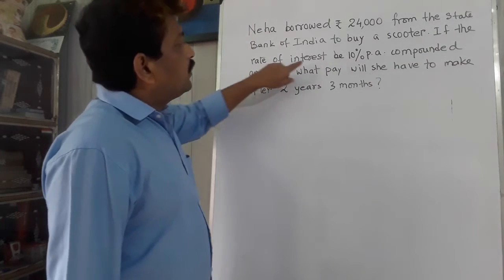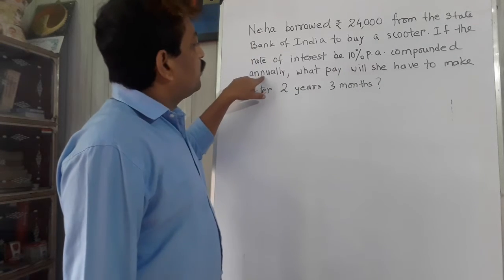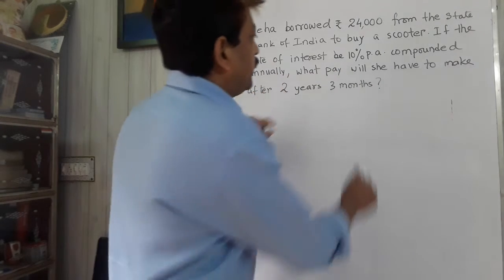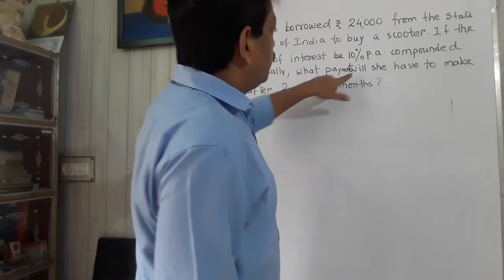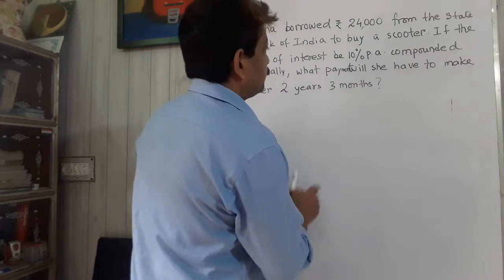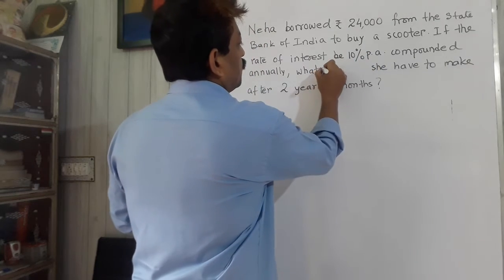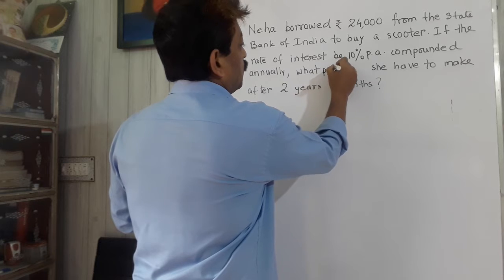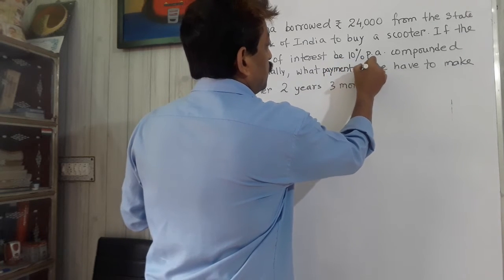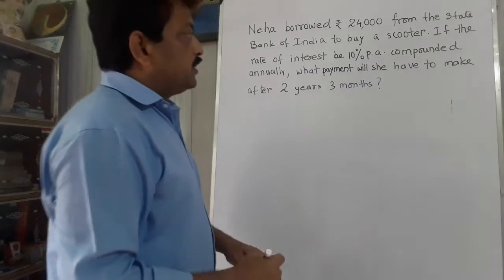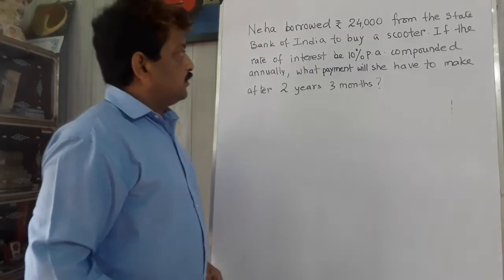If the rate of interest be 10% per annum compounded annually, what payment will she have to make after 2 years 3 months?